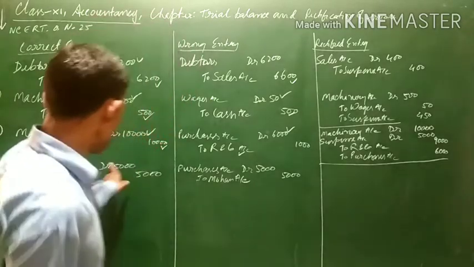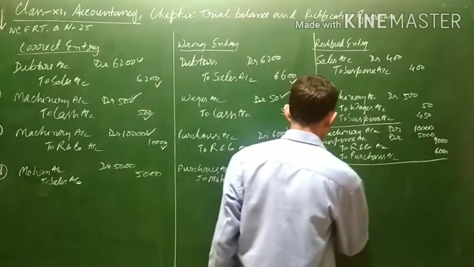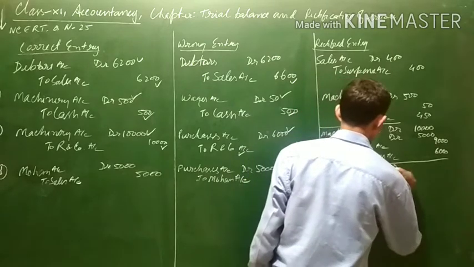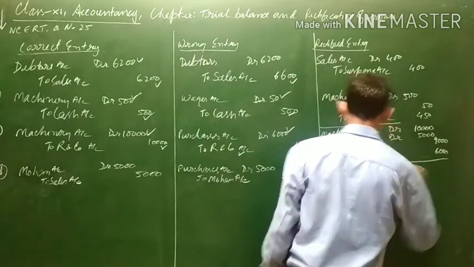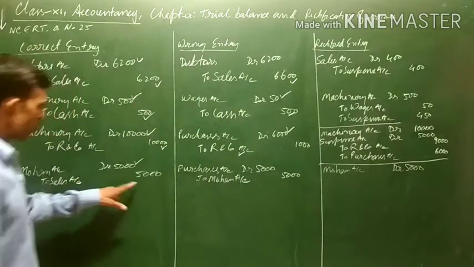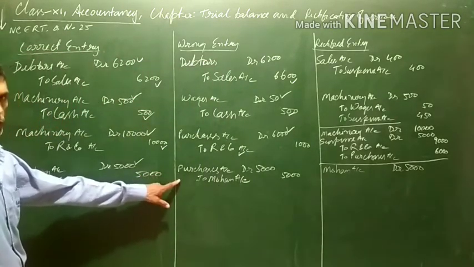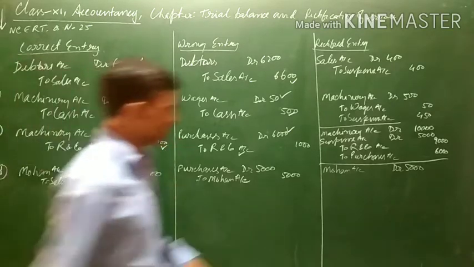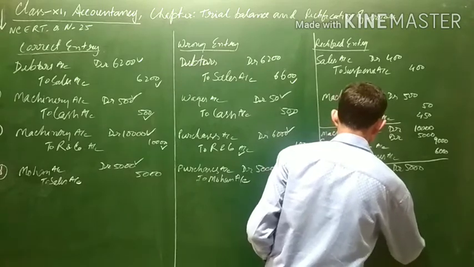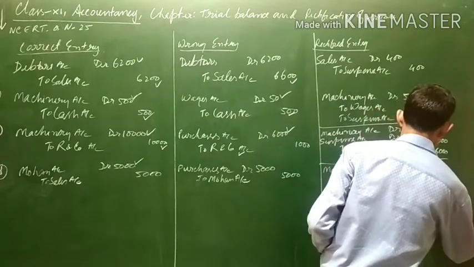In order to correct this, first of all, Mohan account will be debited. Mohan account debit 5,000. This entry is over. Sales account should be credited, but it has not been credited. So we will credit sales account 5,000.